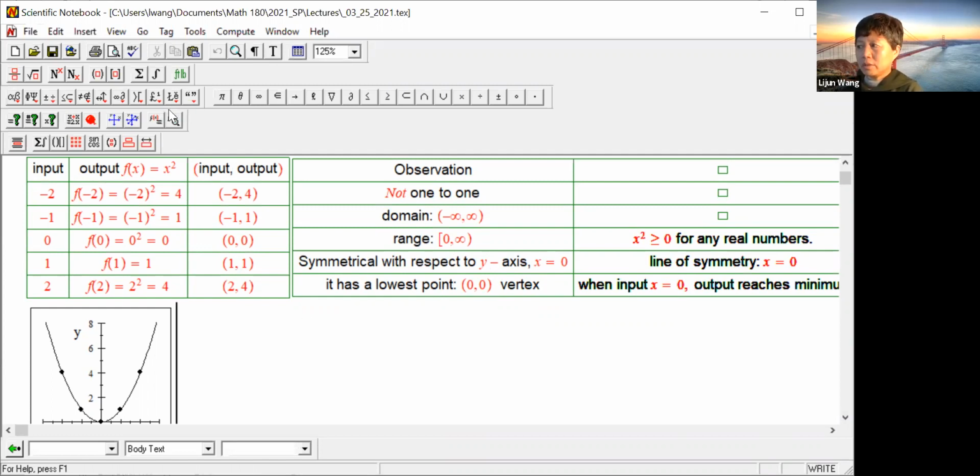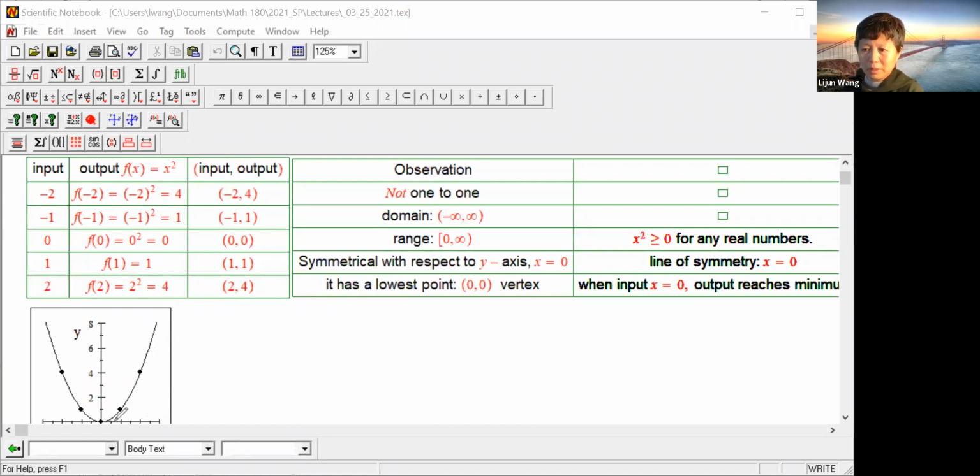There are a lot of other features. For example, if we elaborate on the range, what do we find? All of the inputs that are not 0, the outputs are going to be positive. When the input is 0, the output will be 0.